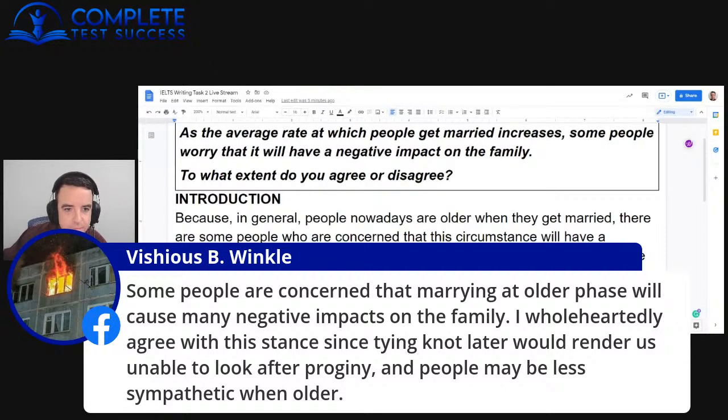Vicious, some people are concerned that marrying at older phase, we don't use phase. I see, Vicious, you're really trying to use less common vocabulary. From the way you write, I can tell that you're working really hard on your vocabulary. I'd imagine you're studying a lot of new vocab. Maybe I'm wrong, but that's the impression I'm getting. But you're trying to use vocab that you haven't fully understood yet.